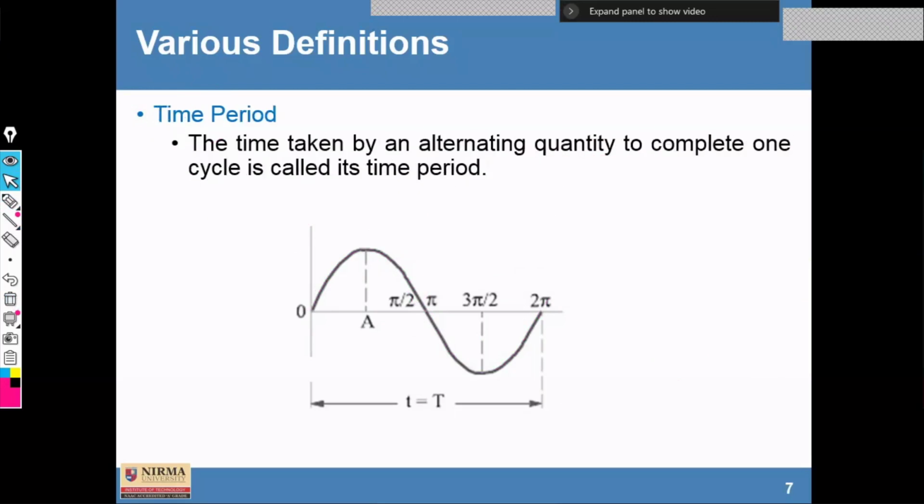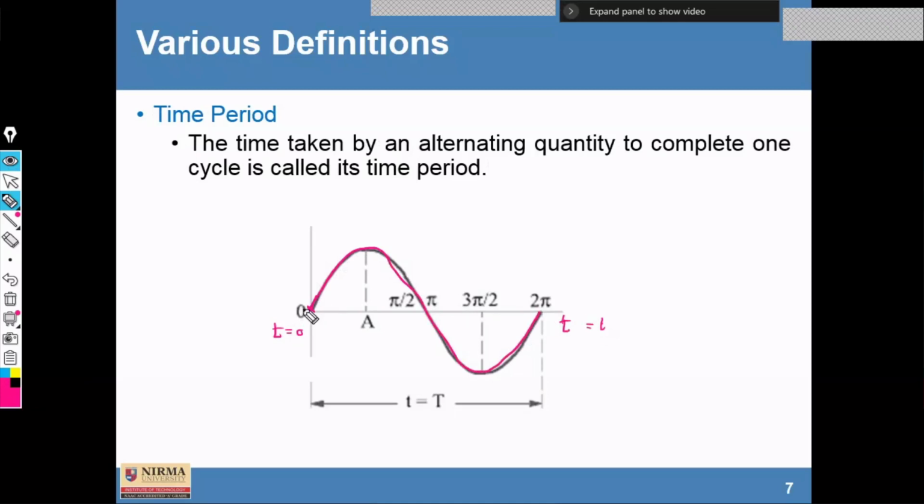Next is time period. So we have defined one positive and negative half cycle. Then the time taken to complete one cycle. It starts from t equal to 0 to some value of t equal to T. Fine. So it requires some time to complete this cycle from positive to negative.